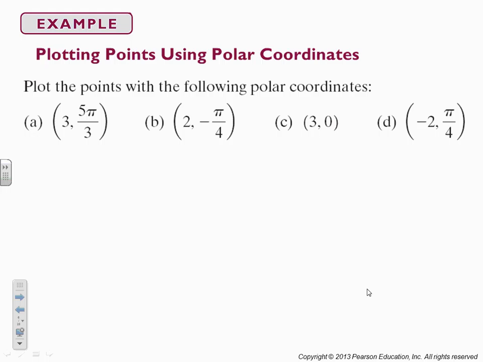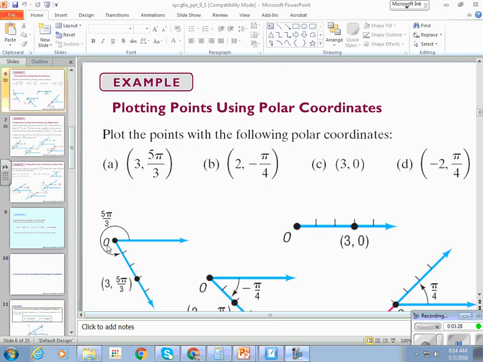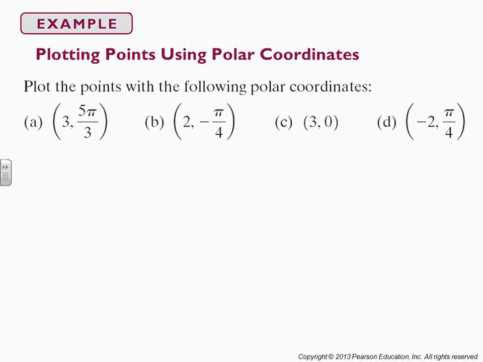All right, so we're going to plot some points just for some practice. So my suggestion is to have some polar coordinate graphing paper. Okay, so when we have 3 and 5 pi over 3, I always do a little mental conversion to degrees because my brain is trained to work in degrees, and radians are still kind of all right.